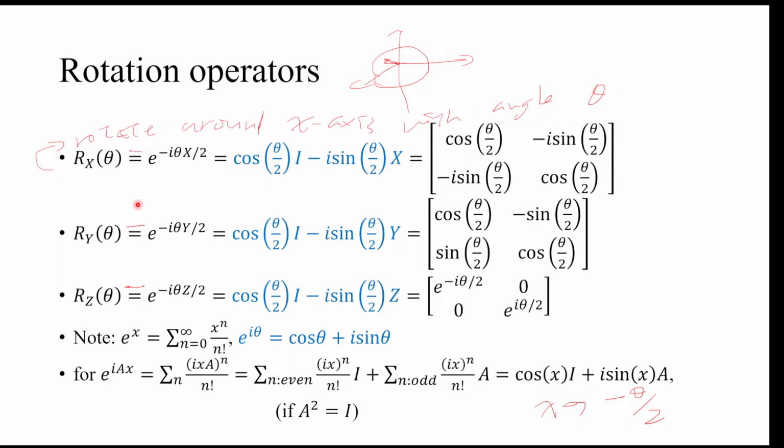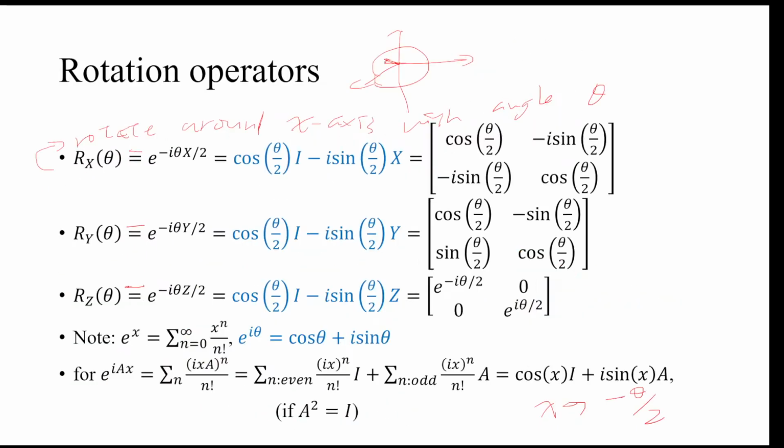In the very beginning we talked about the Stern-Gerlach experiment. This Bloch sphere corresponds to your spin in some direction, and you can think about physically rotating that spin around the x-axis, y-axis, or z-axis.